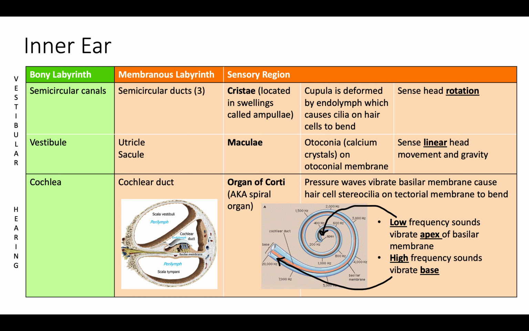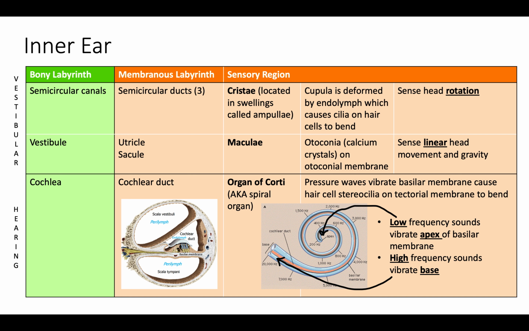So know that the semicircular ducts have cristae sensing rotation. The vestibule has the utricle and saccule, which have the maculae with otoconia, which is calcium crystals, sensing linear head movement.